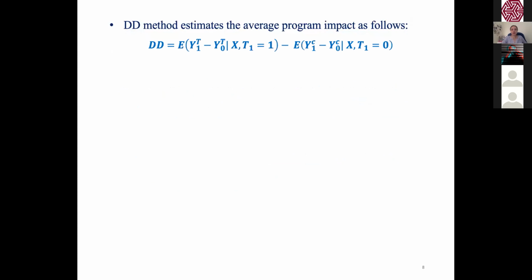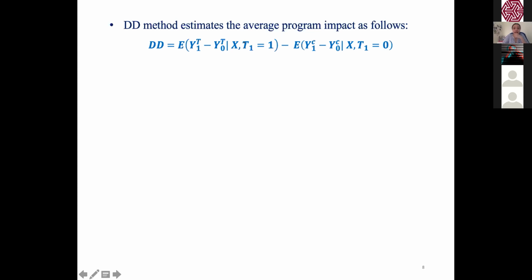So let's see mathematically how we can write it. It is the expected value of the outcome y of the treated group at point of time 1, where point of time 1 is a point after the implementation of the program, minus the outcome y of the treated individuals at point of time 0, which is the point before the implementation of the program, given x, which are the observed variables that we can control for, at period 1, minus the expected value of the outcome of the control group at period 1, minus the outcome of the control group at period 0, given that the individuals are not treated in period 1.